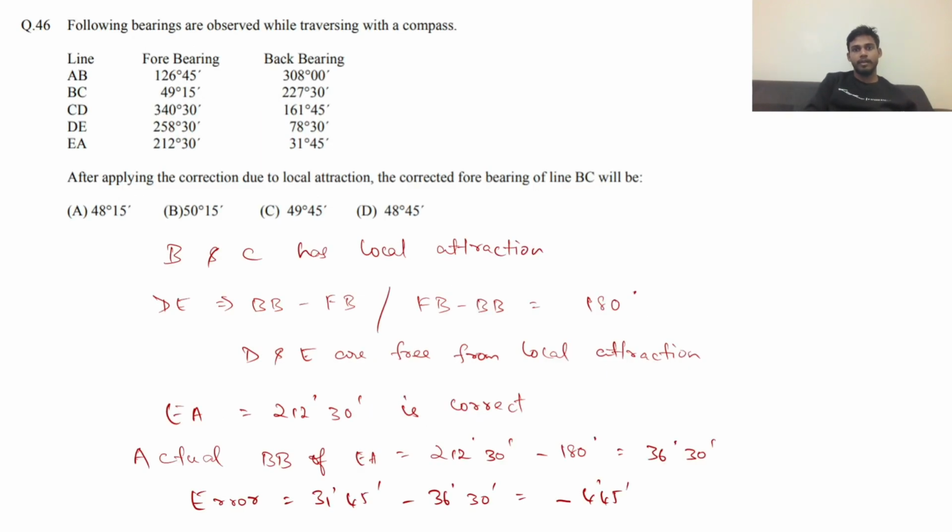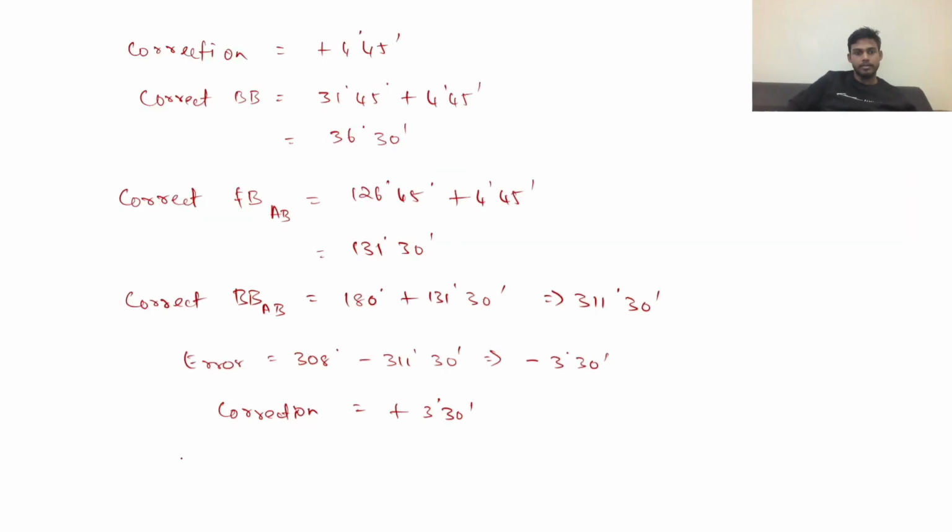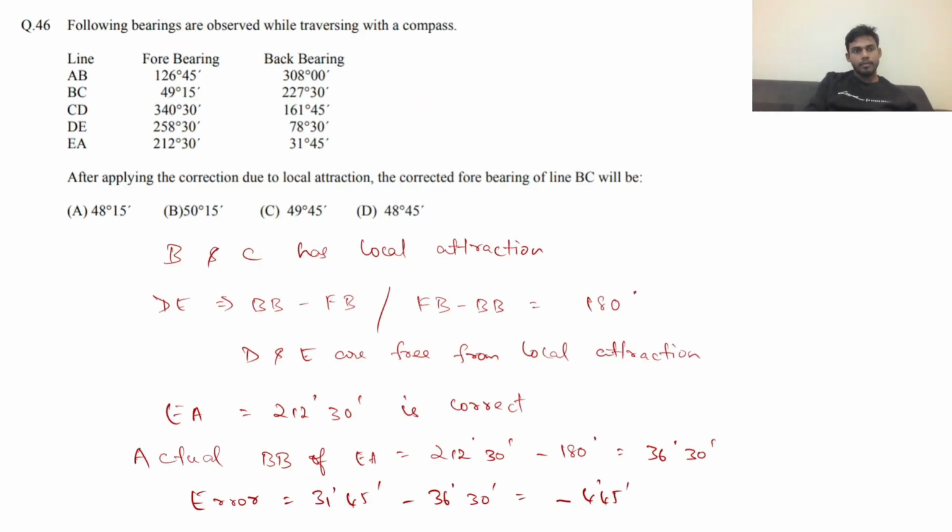Therefore, the correct forward bearing of BC will be 49 degrees 15 minutes plus 3 degrees 30 minutes, which is equal to 52 degrees 45 minutes.